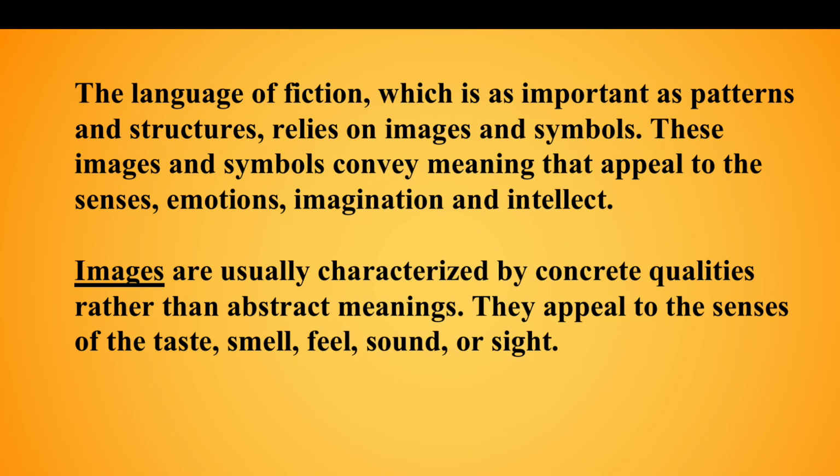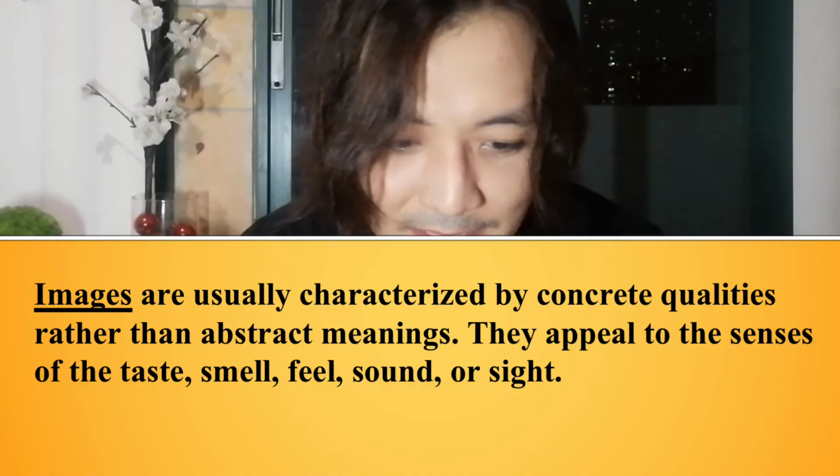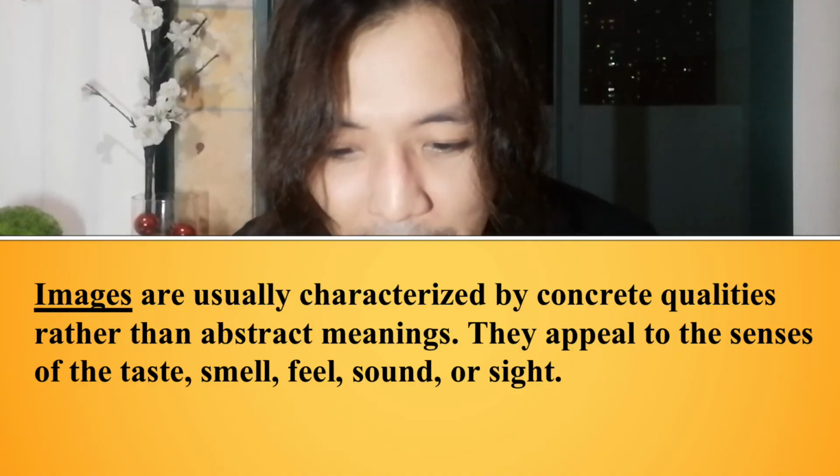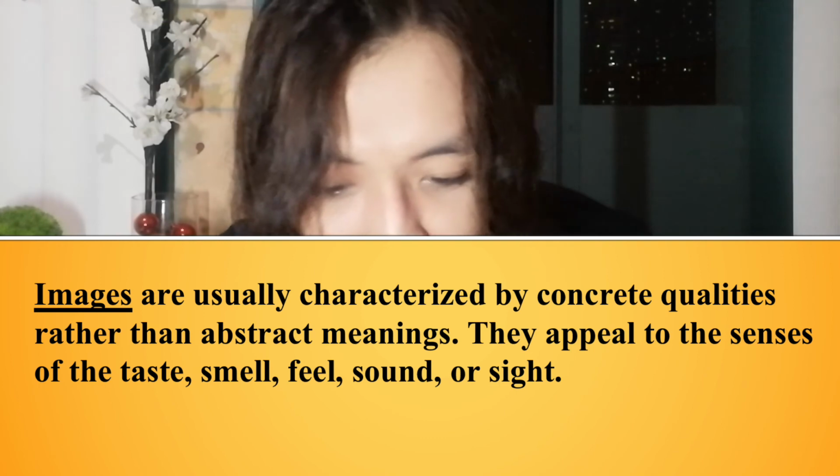The language of fiction, which is as important as patterns and structures, relies on images and symbols. These images and symbols convey meaning that appeal to the senses, emotions, imaginations, and intellect. We talked about imagery and symbolism in poetry. We will still use the same element of imagery and symbolism in short stories and novels. Images are usually characterized by concrete qualities rather than abstract meanings.